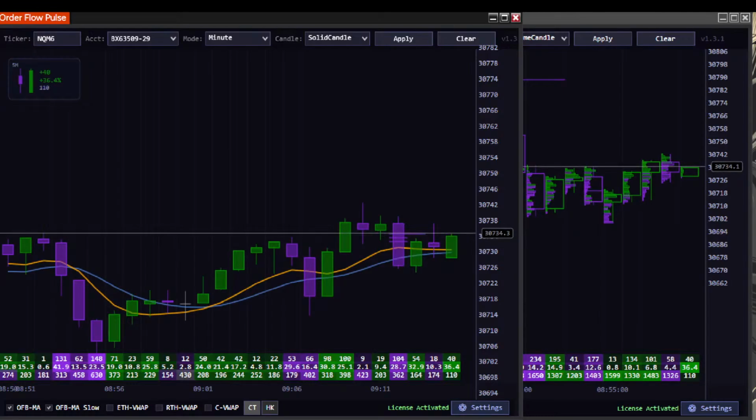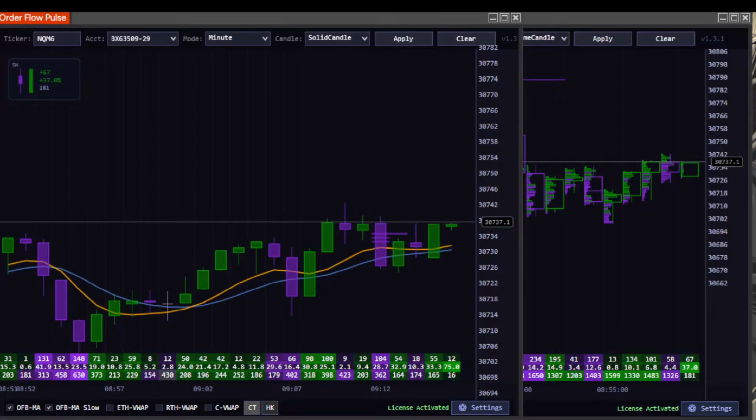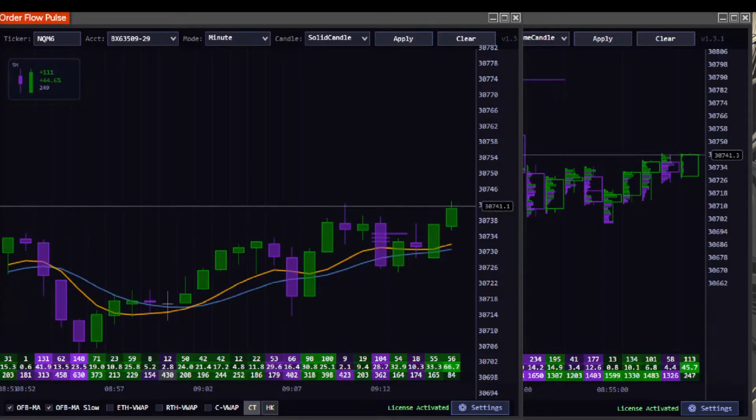Mine's being sent every 5, 10, 15 seconds or so. And if it gets disconnected, it has to attempt to reconnect. I don't know why Ninja Trader just doesn't do that. I don't know. Kraken has bought Ninja Trader.